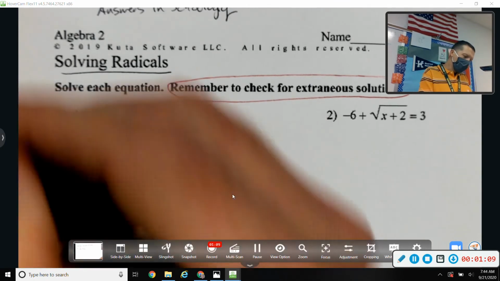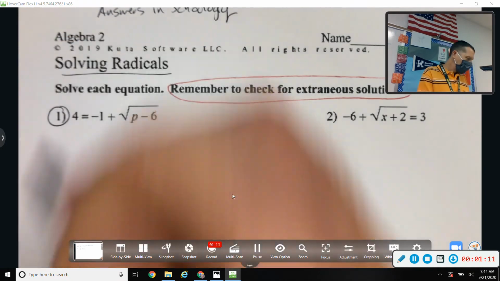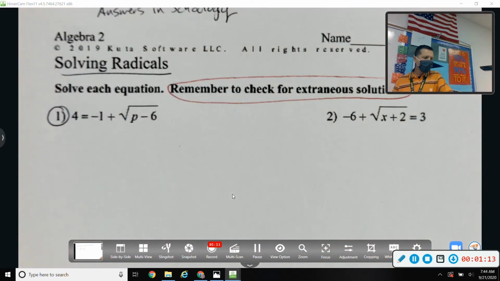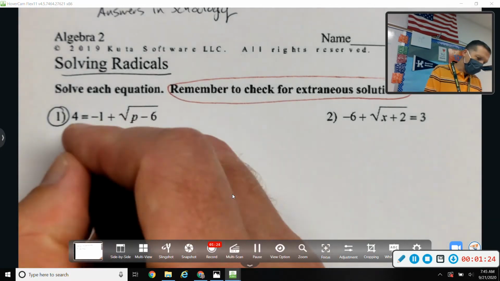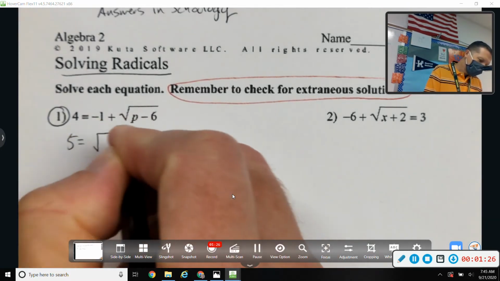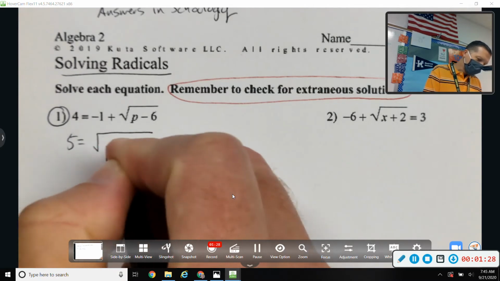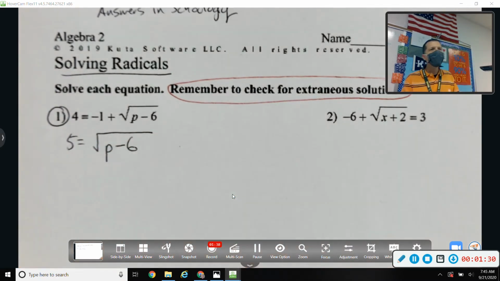So let's do number 1. What do you think we should do first on number 1? What's that? Move the 1 over. So let's add 1 to both sides. 5 equals square root p minus 6.